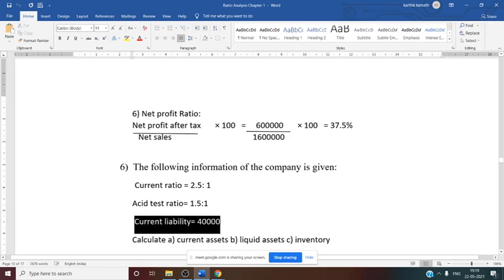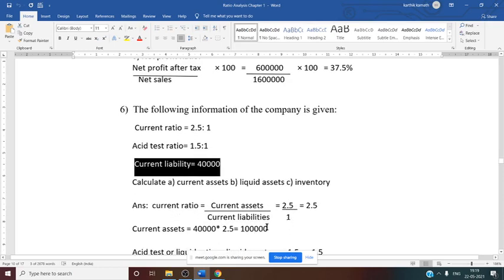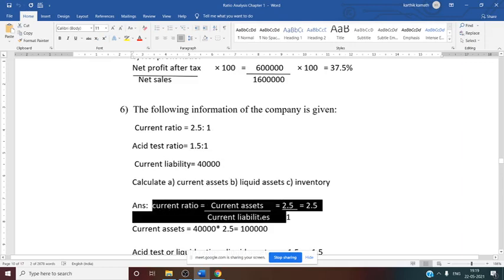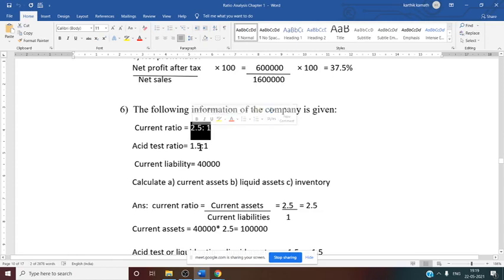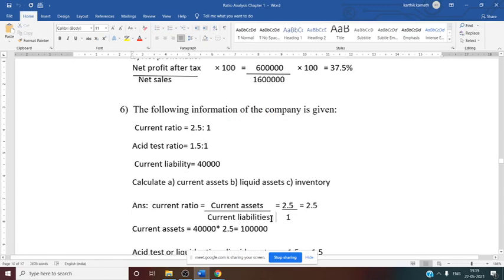Current liability is directly given, that is 40,000. Now let us calculate the answer. We want current asset, that is why we first calculated the current ratio, 2.5 divided by 1, that is 2.5. Now you need to substitute the amount. The current liability given in the question is 40,000, write that here.